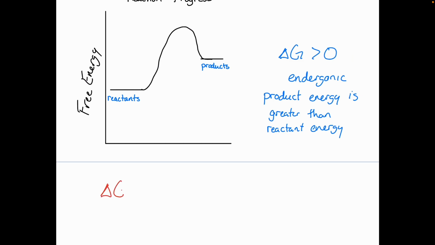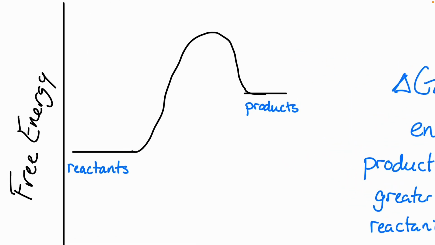All right, so our delta G is the difference between our reactants and products. My reactants start at this energy, my products are at this energy. So here's my delta G, this gap.